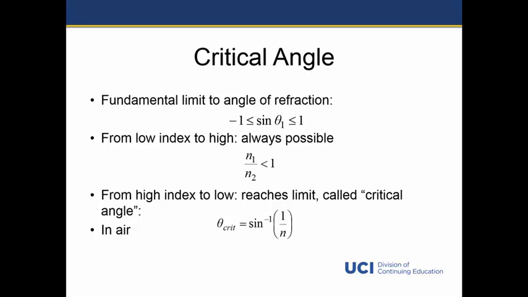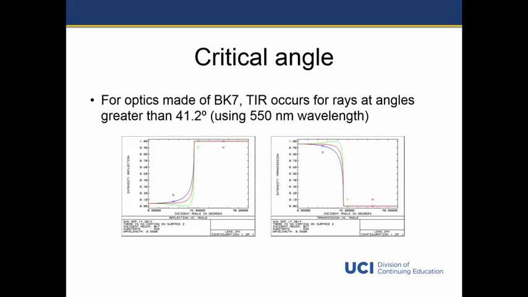So what that means is the light gets reflected back in. It stays in the glass material. For an optic made of BK7 at about 550 nanometer wavelength, this TIR occurs at an angle of about 41.2 degrees.